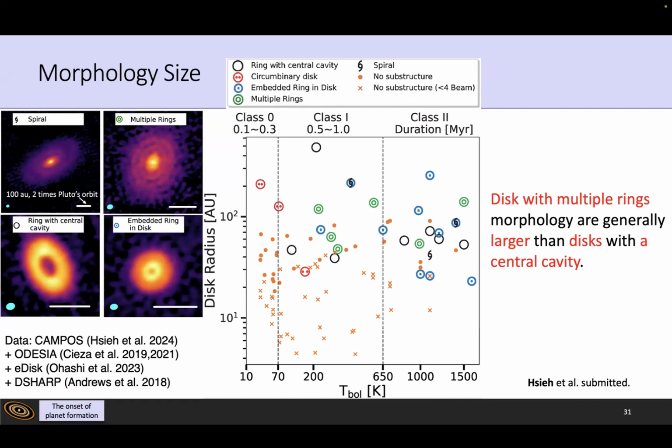Until today, there are more than 20 mechanisms that can generate substructures. So it's still a very hard question, and it hasn't been answered, what is the origin of the substructures. But even if these are not generated by planets, the formation of substructures are the ideal site for forming planets.